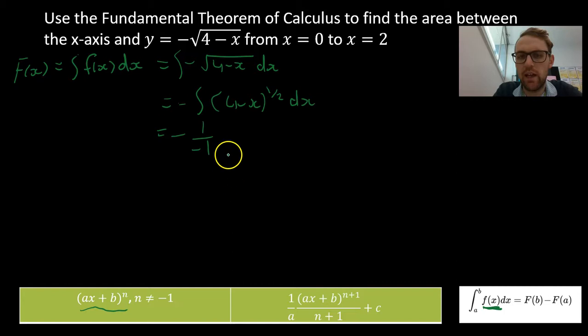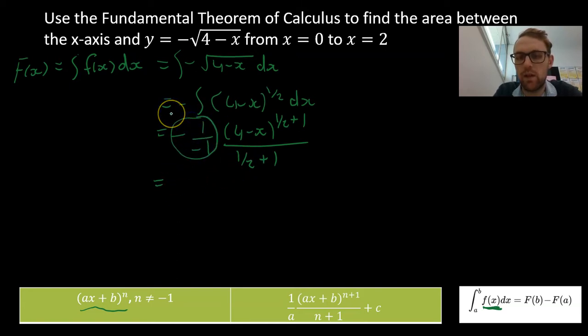We're going to leave our 4 take x as per normal. We're going to add 1 to our power, and we're going to divide by 1 over 2 plus 1. So negative and negative becomes a positive, so 1 over 1 is just 1. So this whole thing here just becomes positive 1, so it just goes away.